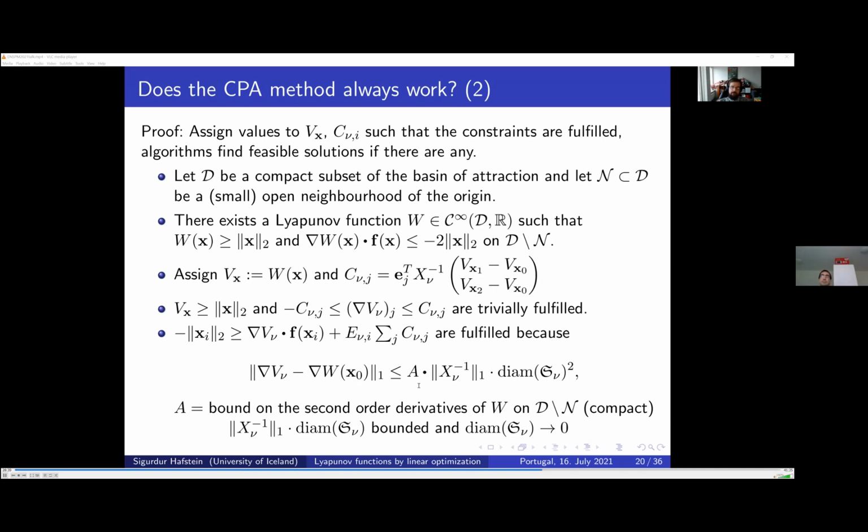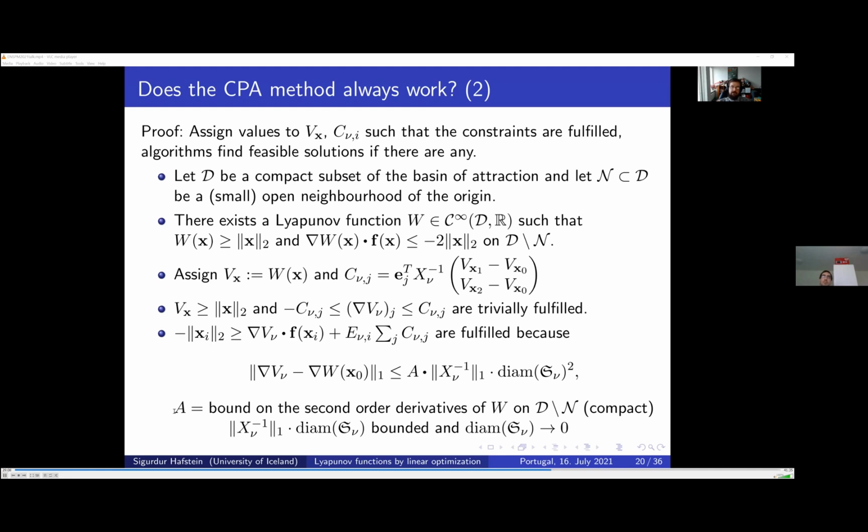It will be bounded by some constant A times the one norm of the inverse of this matrix X_nu we talked about before, which only depends on the geometry of the simplex, times the diameter of the simplex, or in two dimensions the triangle, squared.